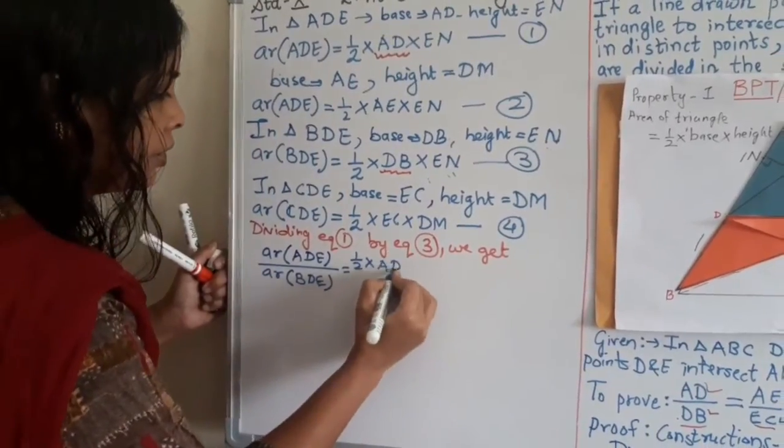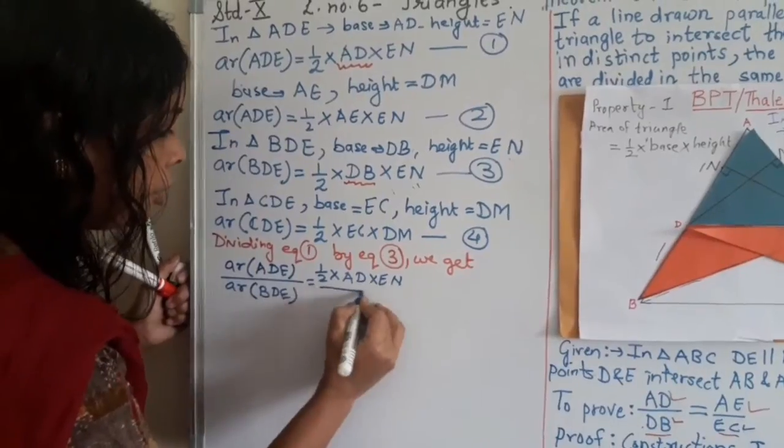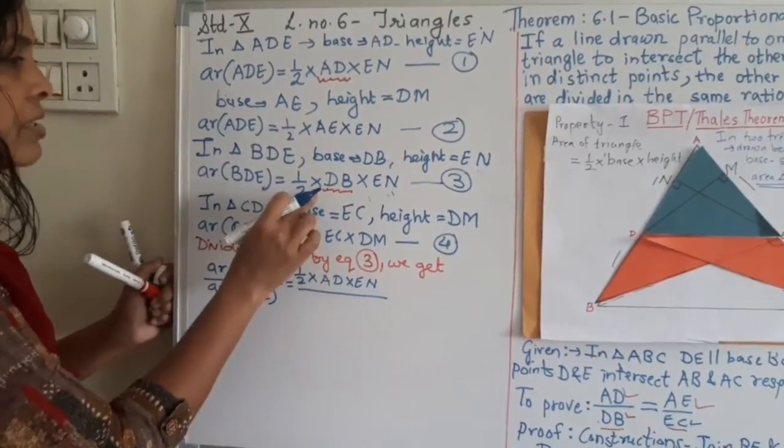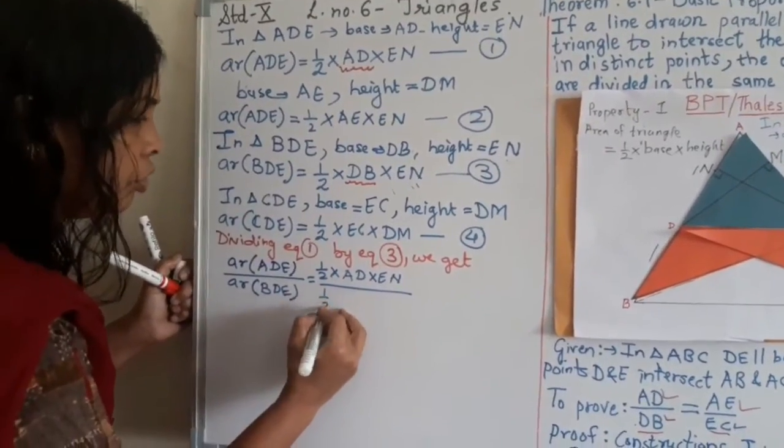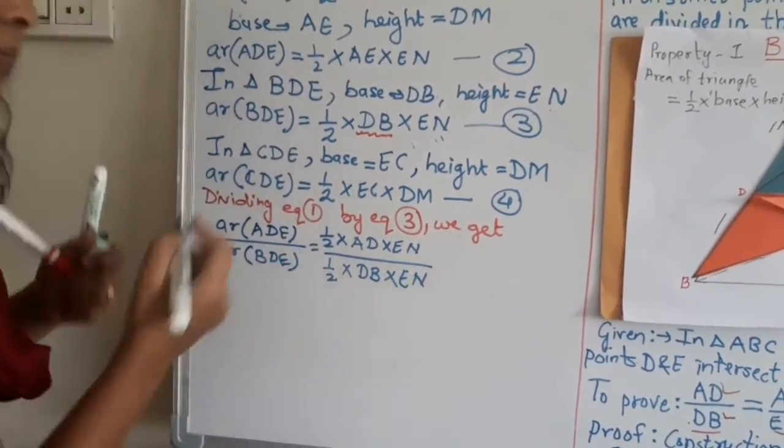AD into EN upon, what next? Half into DB into EN.